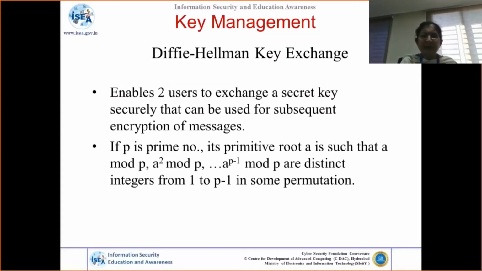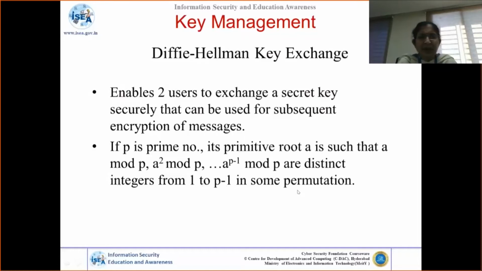Okay. P is a prime number and a primitive root A, or sometimes we use alpha, is chosen in such a way that A mod P, A square mod P, up to A power P minus 1 mod P are computed. Each of these operations leads to distinct integers, from 1 to P minus 1, in some permutation.